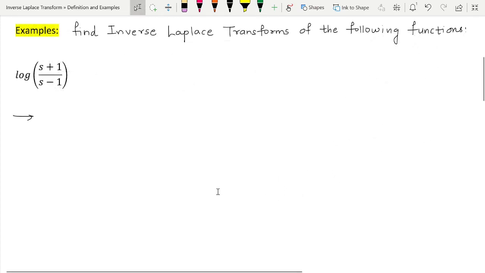So in this example, we observe that log of s plus 1 upon s minus 1 is there, and we have not studied any specific formula to find the inverse Laplace transform of this function. But one thing is pretty sure, that we can find the inverse Laplace transform of its derivative. How can we do that? Because we also know the formula log of a upon b is nothing but log of a minus log of b.